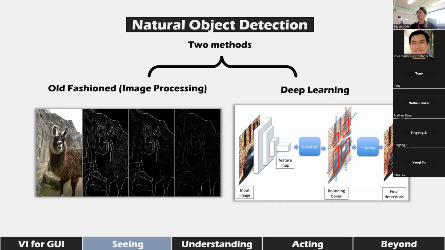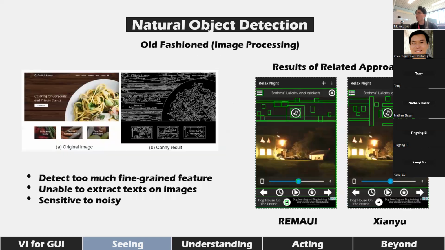For both of those methods, we have some previous works in GUI detection that try to use both the old-fashioned or the deep learning-based approach to detect the elements from GUI images.